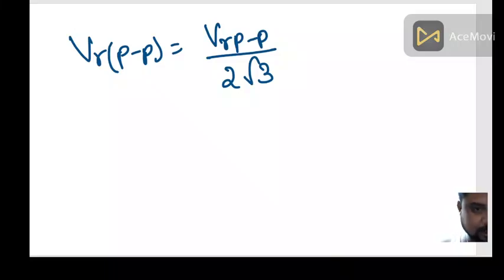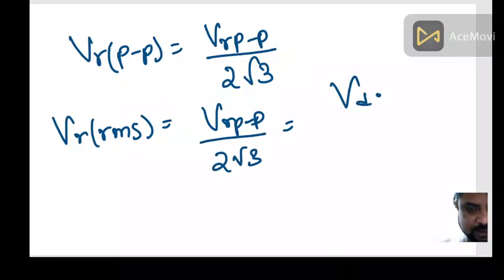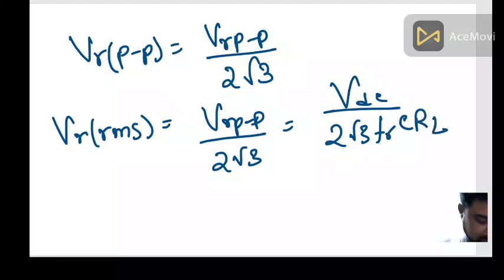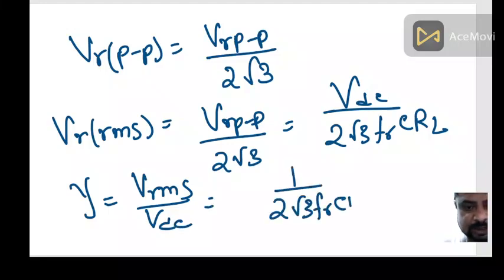This is a factor that comes when you are dealing with AC or triangular waveform. And the RMS value of the ripple voltage is VR peak to peak by 2 root 3 or VDC by 2 root 3 FR CRL. So you can calculate the gamma, the ripple factor, as VRMS by VDC, and it comes out to be 1 by 2 root 3 FR CRL.